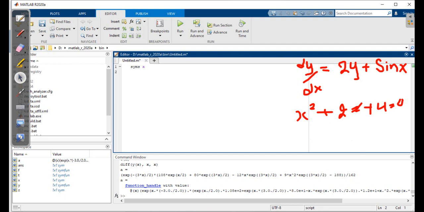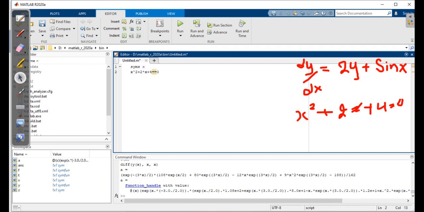Now write this equation: x square plus 2 multiplied by x plus 4, and it is equal to 0. Then double equal to 0.